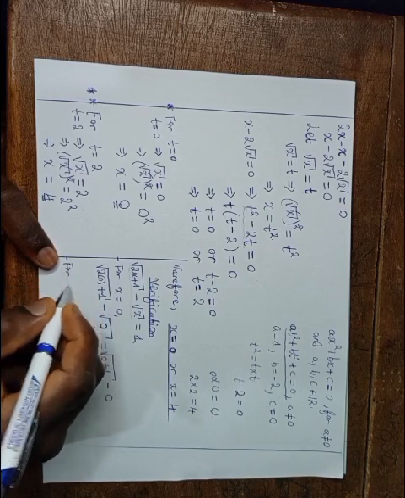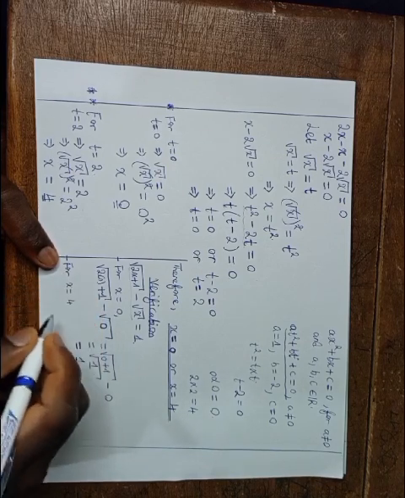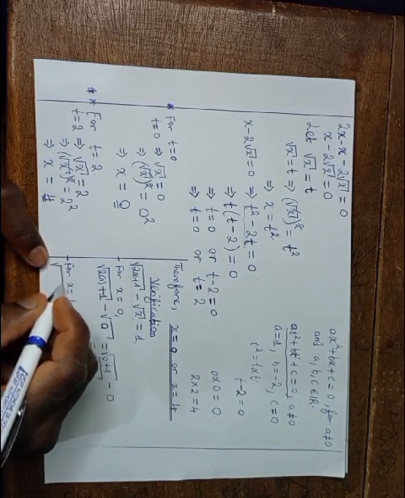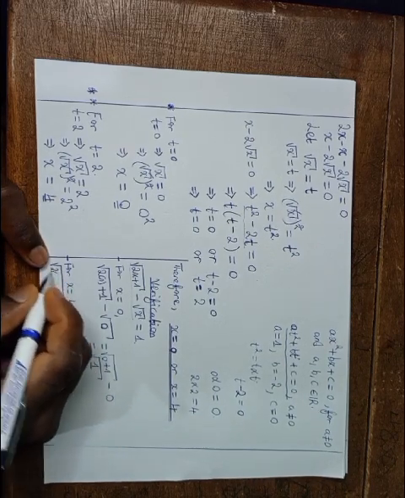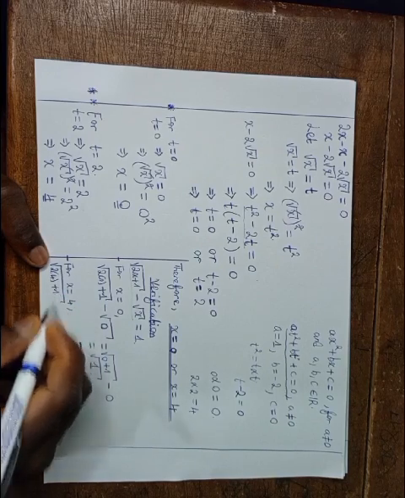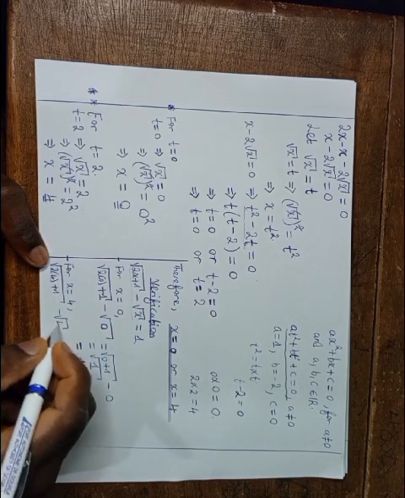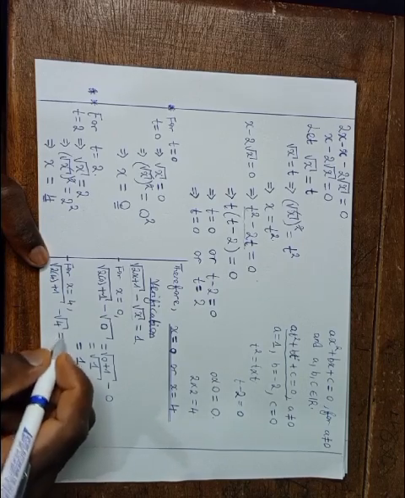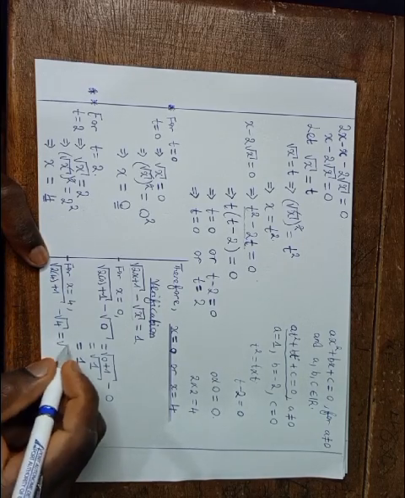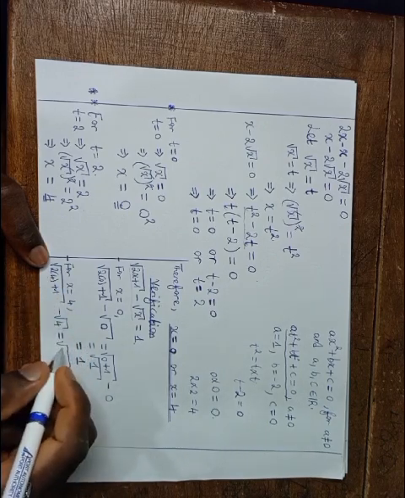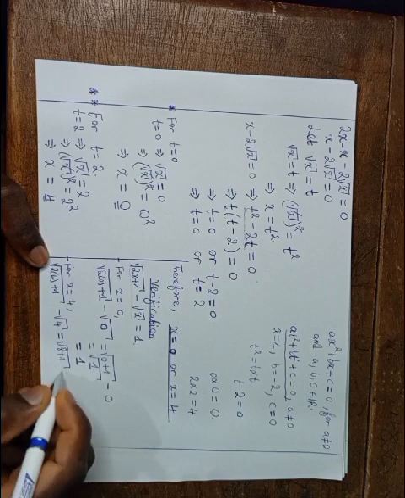Next, let's verify for the second value, x equal to 4. Anywhere we see x, we have to replace x with 4. This will give us the square root of 2 times 4 plus 1, minus the square root of 4. 2 times 4 gives 8, plus 1.